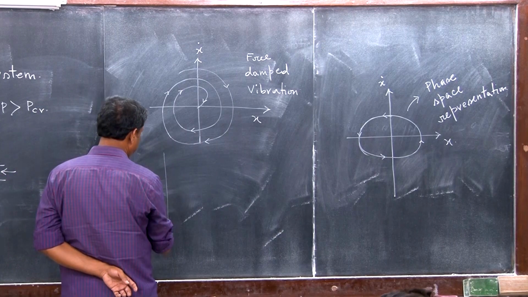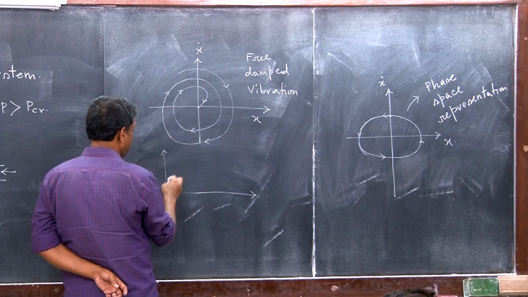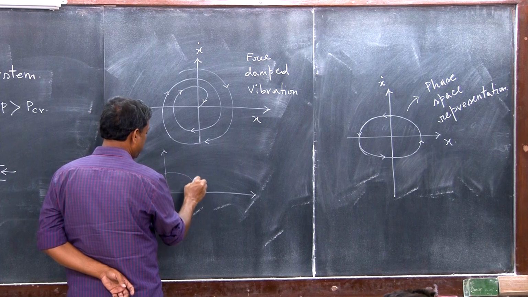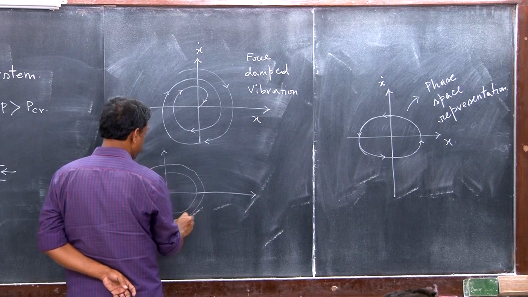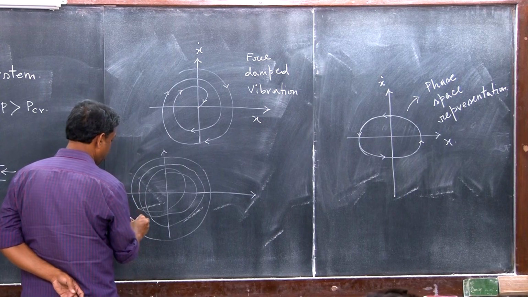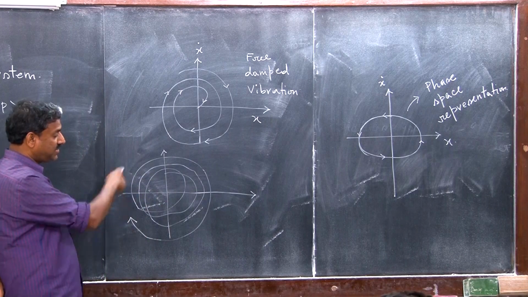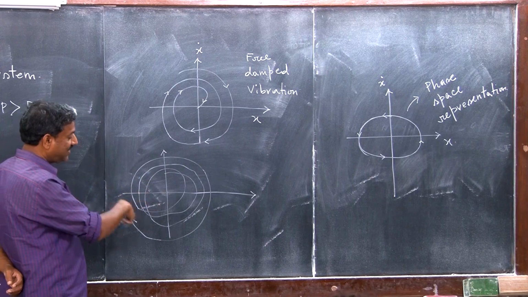So for aerodynamic stability, what is going to happen? Assume that I am considering a system subjected to dynamic instability. You see the amplitude is going to become more and more, so it is going to diverge.